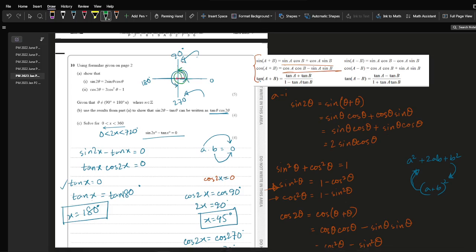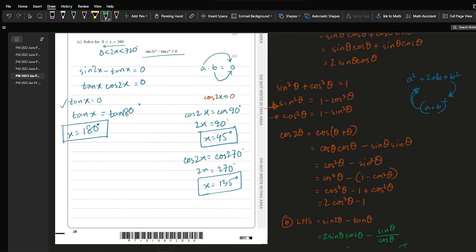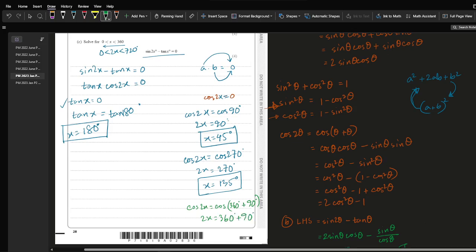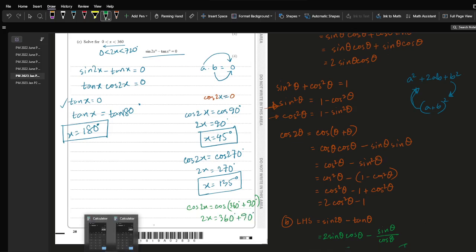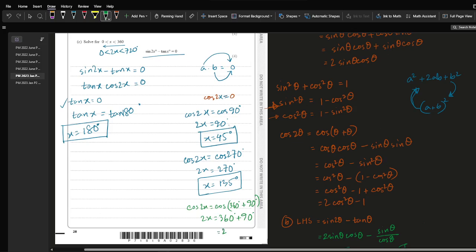you come 360 degree plus 90. So the next one is cos 2x equal to cos of 360 degree plus 90 degree. So 2x is equal to 360 degree plus 90, and that is 450 divided by 2, that's 225.